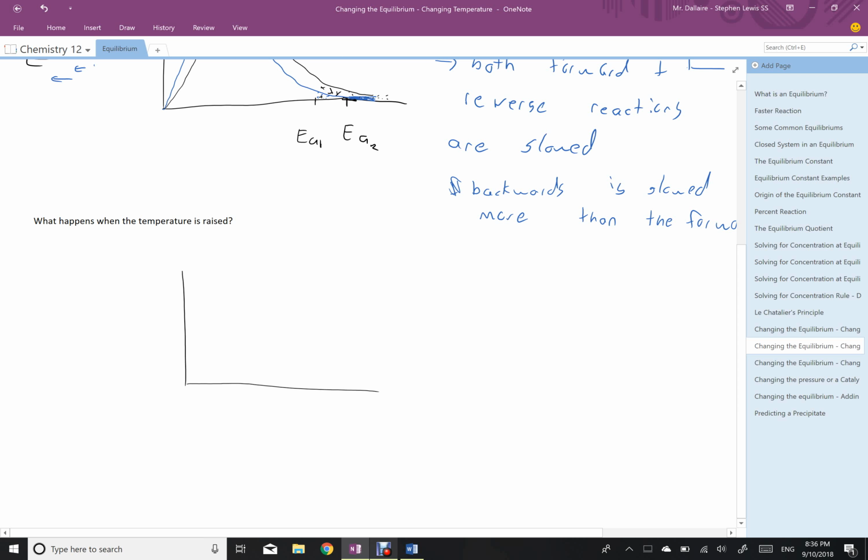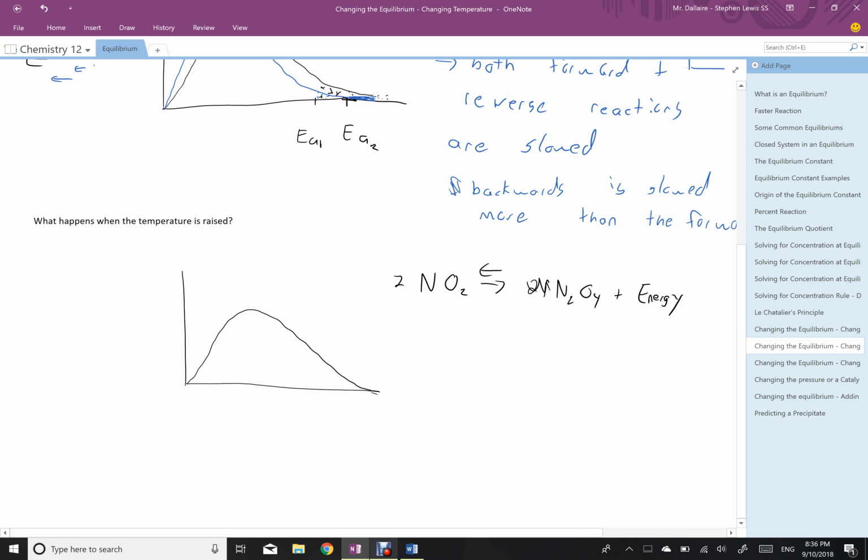So here's our Maxwell-Boltzmann, and here's what we would define as where we start, and here's our equilibrium. 2 NO2 going to form N2O4 and energy. So let's imagine that we heat this system up.